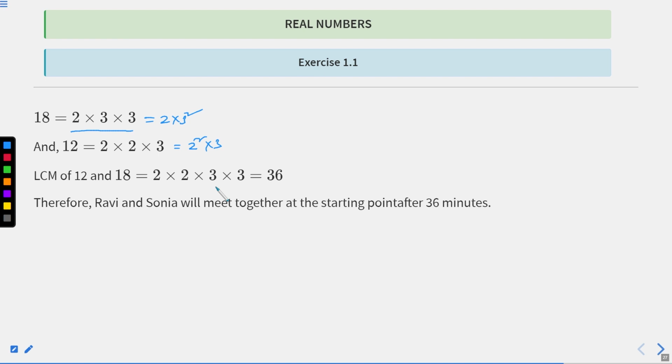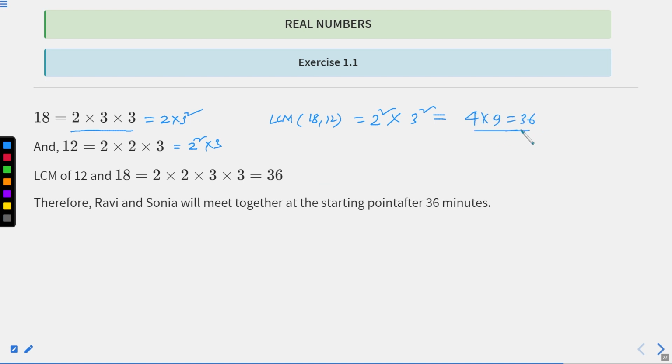The highest power of the prime factor 2 is 2 square, and the highest power of the prime factor 3 is 3 square. So LCM of 18 comma 12 is equal to 2 square into 3 square, which is 4 into 9, equal to 36.